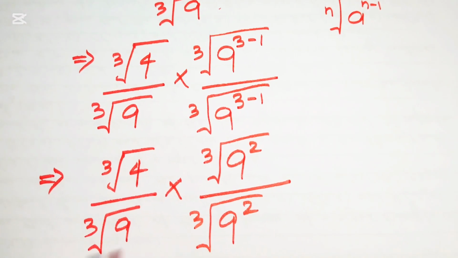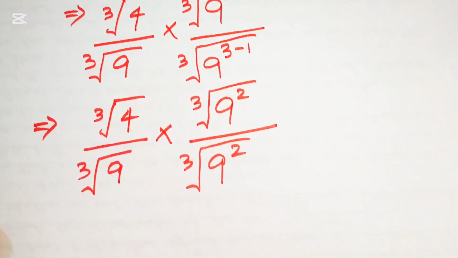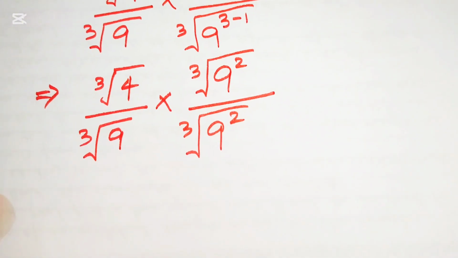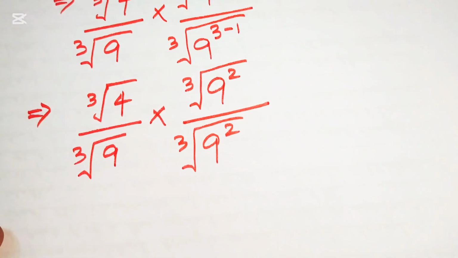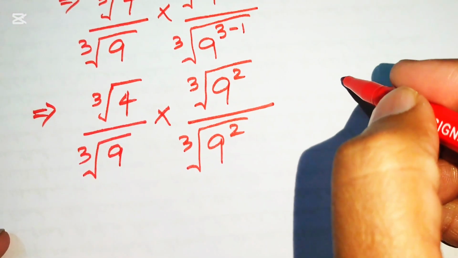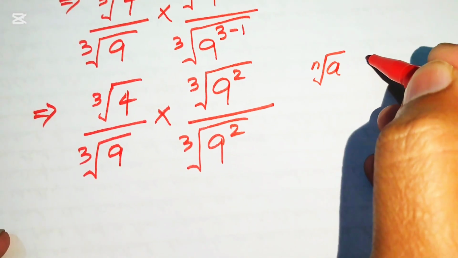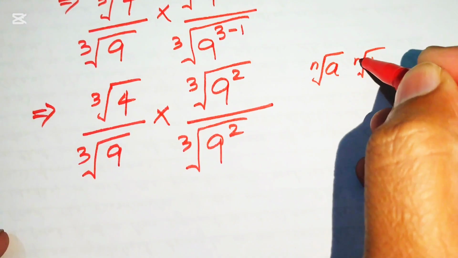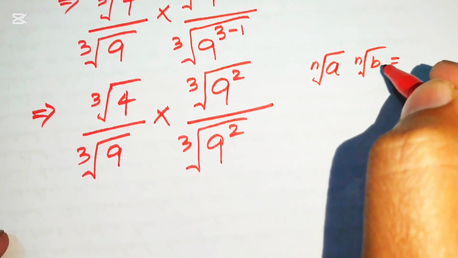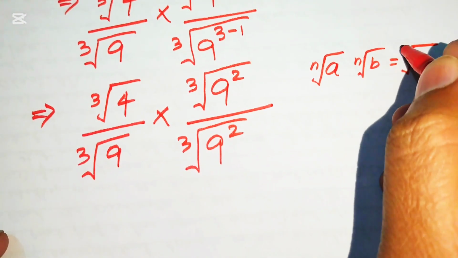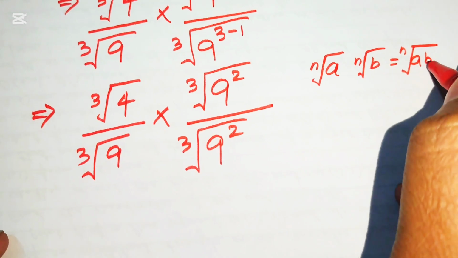Further, we use another property of radical. If we have the nth root of a multiplied by the nth root of b, we combine these and write the nth root of ab.